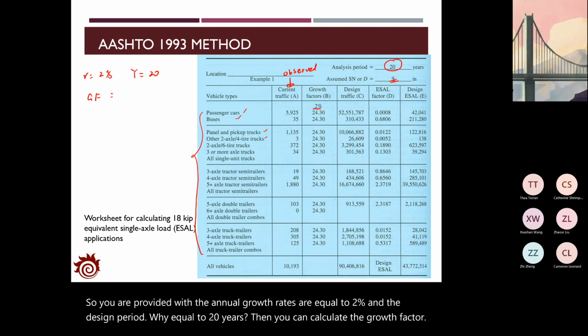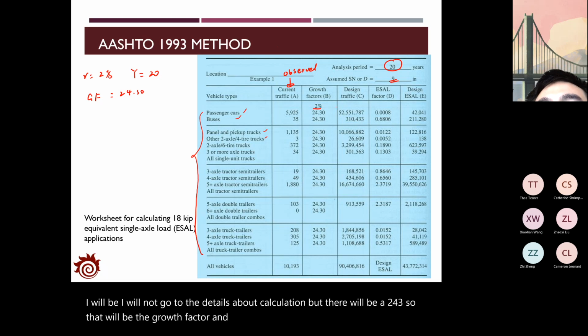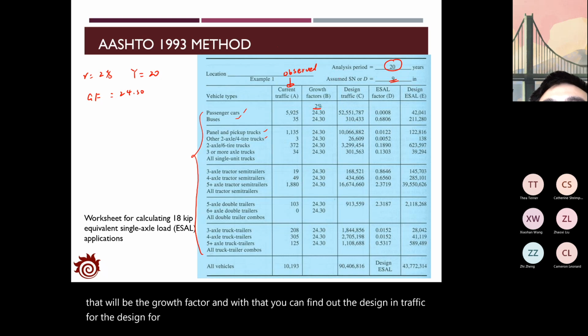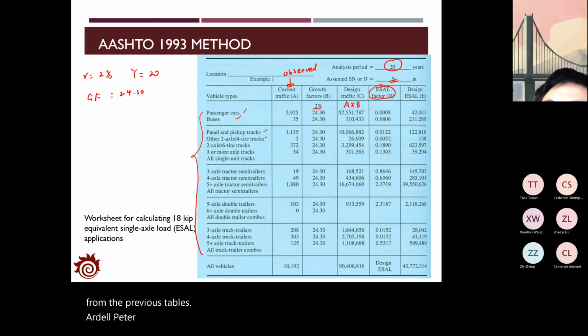Then you can calculate the growth factor. I will not go into the details about the calculation, but that will be 24.3. So that will be the growth factor. And with that, you can find out the design traffic for the design period. That will be A times B. And you can then find out the ESAL factors, which you can find from the previous tables. That will be the LEF you need to check.